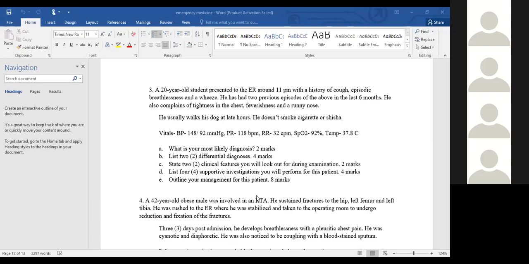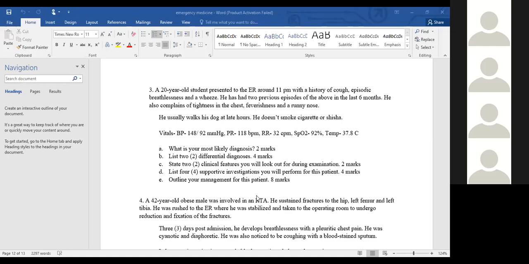Oxygen therapy. And what else? Then you give your salbutamol and nebulize with your bronchodilators. Salbutamol or terbutaline. Usually we give salbutamol. So tell me how much salbutamol you give.